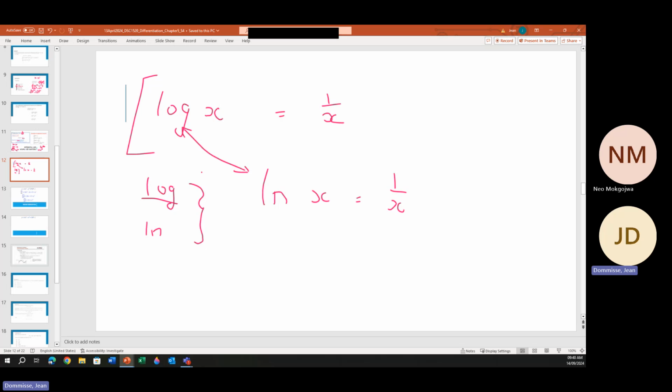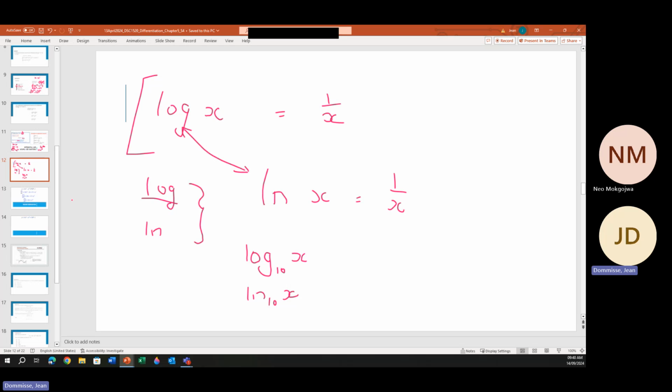The other important thing is that our calculators are programmed so that the base is always 10. That is how our calculators are programmed.